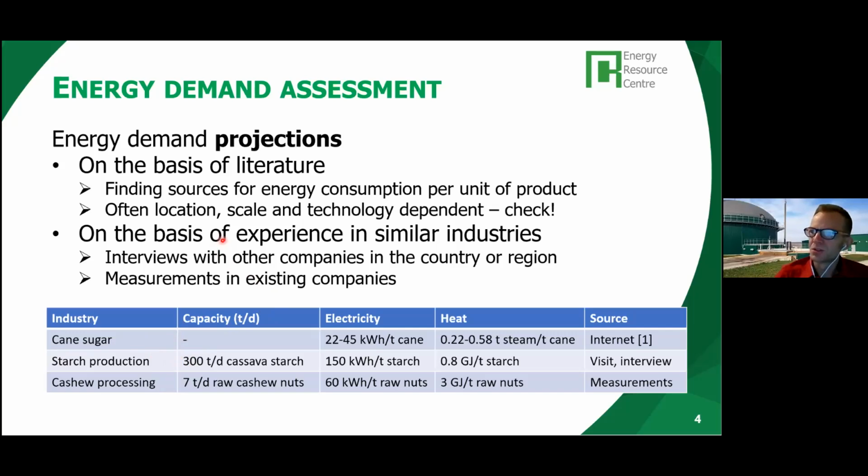The same holds, of course, that it's location and scale and technology dependent. So it's important to realize that there will be deviations from what you may find during the actual assessments.